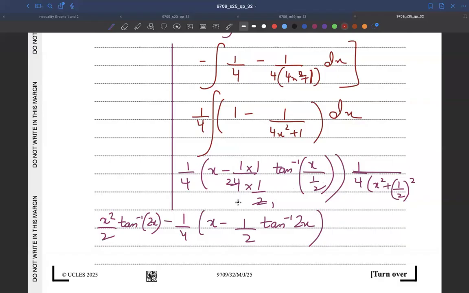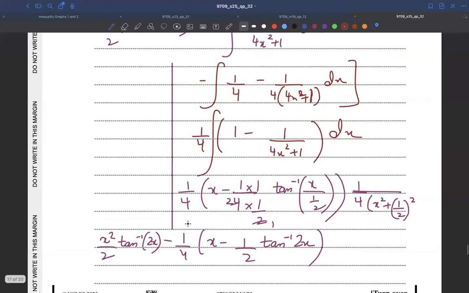Yeah, no, I have taken that into consideration. So that is x square upon 2 tan inverse of 2x minus, that will become minus plus 1 upon 8 tan inverse of 2x and minus 1 upon 4x. So there is no mistake so far, and now we can just simply plug in the limits.